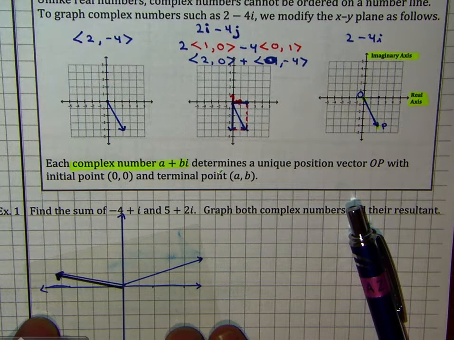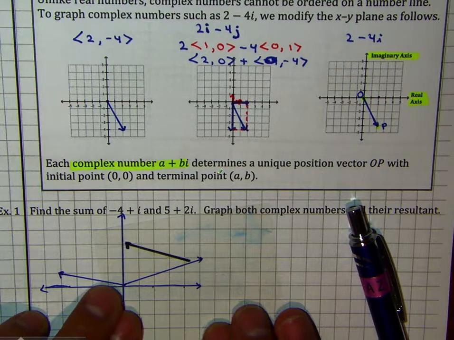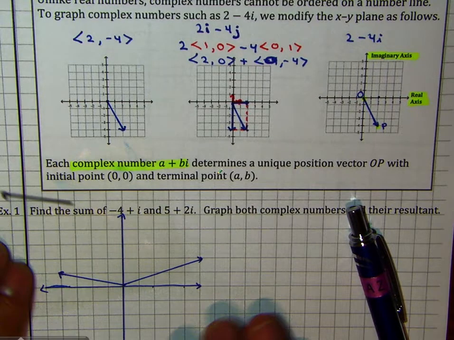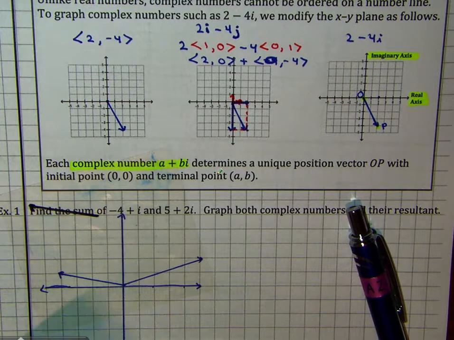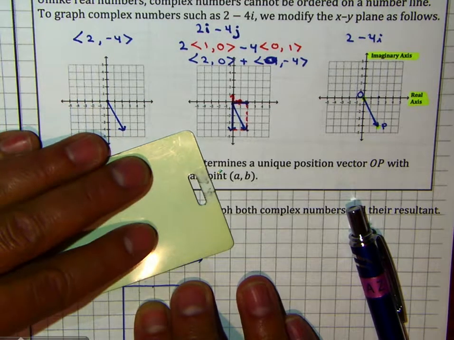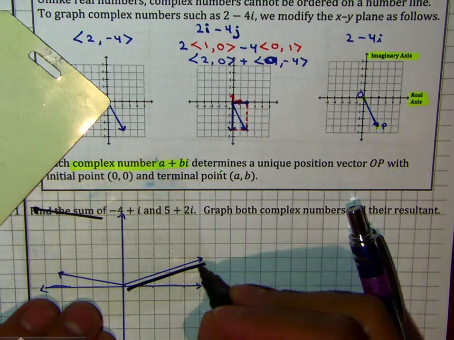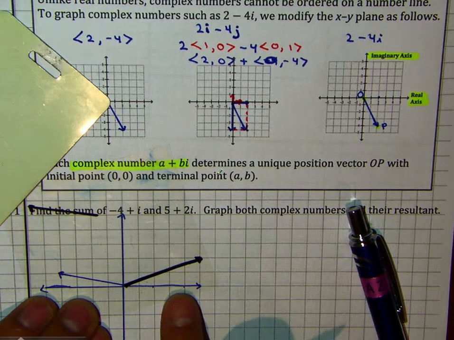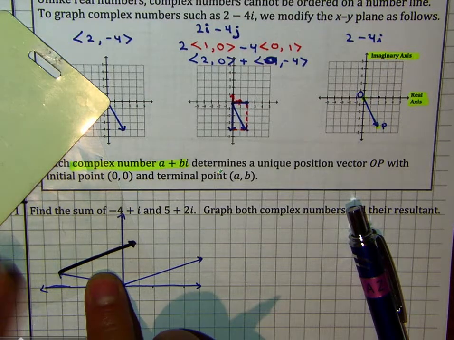And remember, vectors can be moved around. They just need to be the same length in the same direction. Or if I want, I can take this vector here and I can move it over here. And notice that it'll be either one.